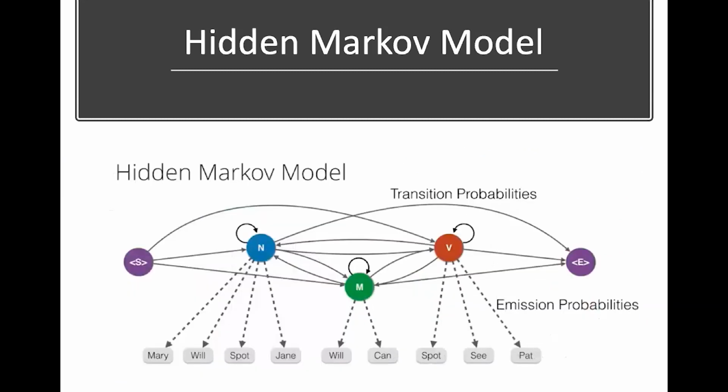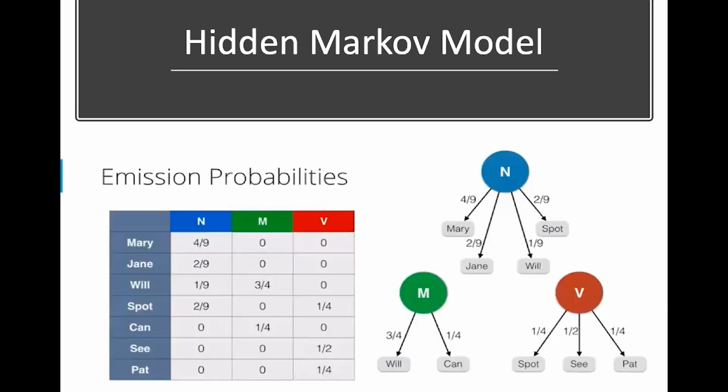And you will naturally see that will has a higher chance of being a modal, because if we try a noun to noun transition and then multiply the emission probability of will being a noun, we get 1 by 81, which is extremely low. In the case of a noun being followed by a modal, and then will being a modal, it is 1 by 4. So this is a walkthrough of how we can get these tags.